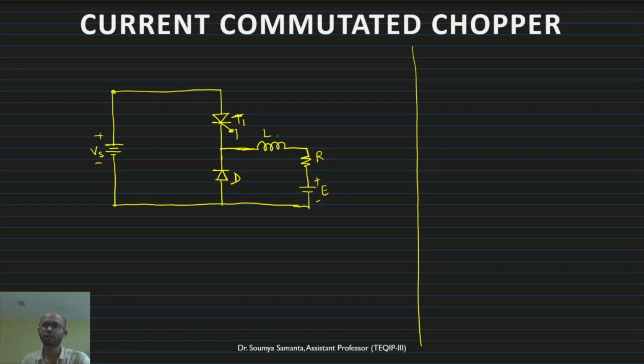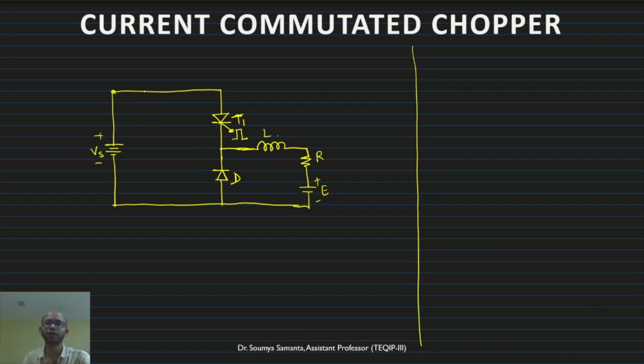Once we give a gate pulse here, the thyristor conducts, the load current flows through this, and the thyristor loses its control over the gate. Then we need a circuitry for commutation purpose, to turn off the thyristor if we don't have a natural current zero position. Now what was the circuit?